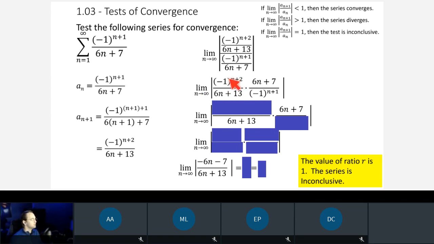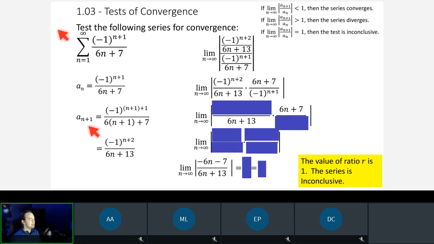So what should I do to this exponent? Yep, I should subtract one of them out.